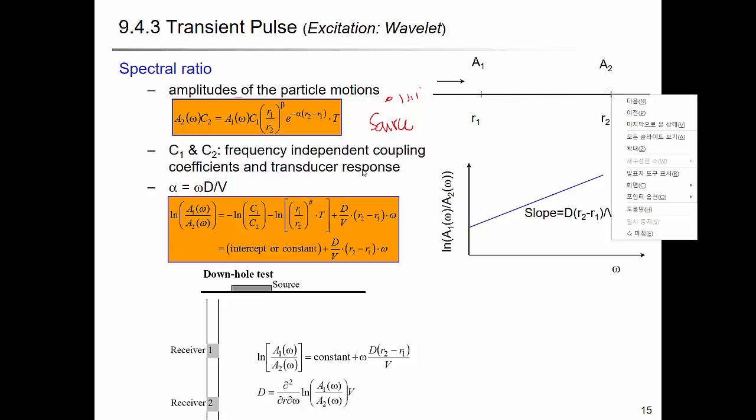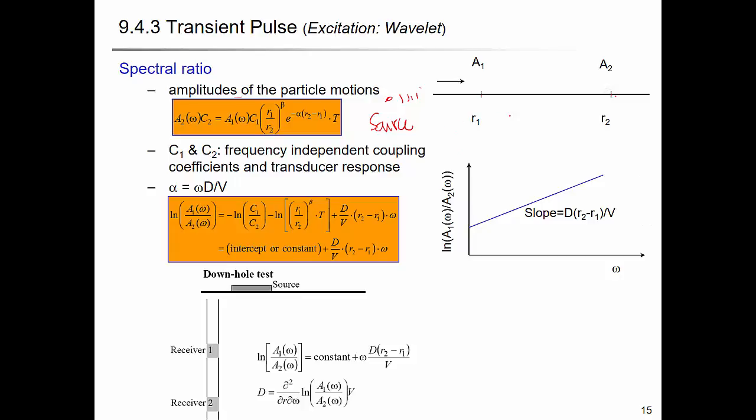From the response here and here, you can express the oscillation with this term. This is the amplitude at A1, and this is the geometric spreading, right?